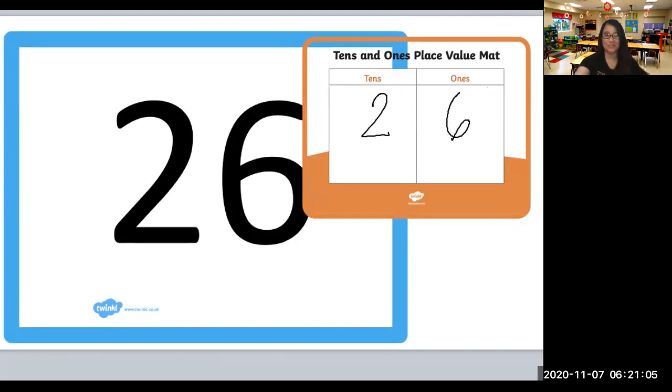Put them together, you get the number 26.